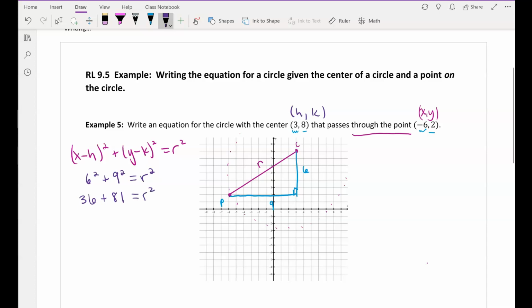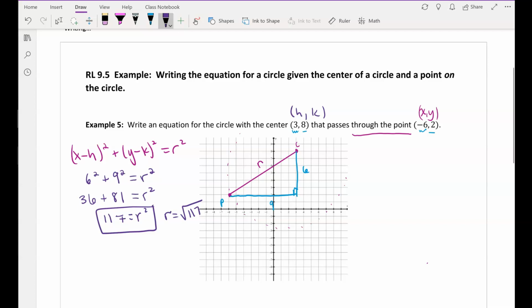And if I add those together, we get 117 as our radius squared. Now if we're asked to find the radius, like if you actually need to know the radius for some reason, we just take the square root. But for the circle's equation, all we need is r squared.